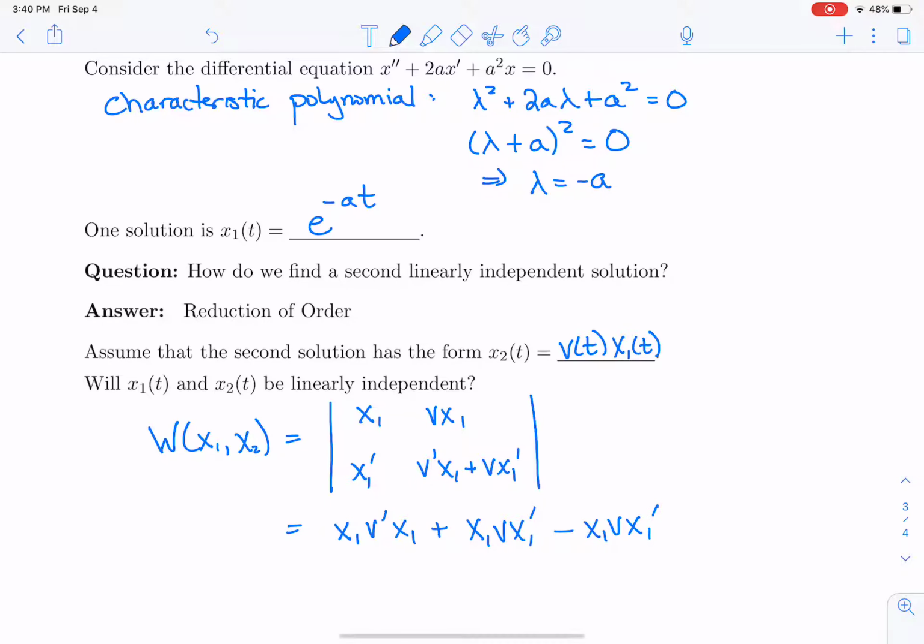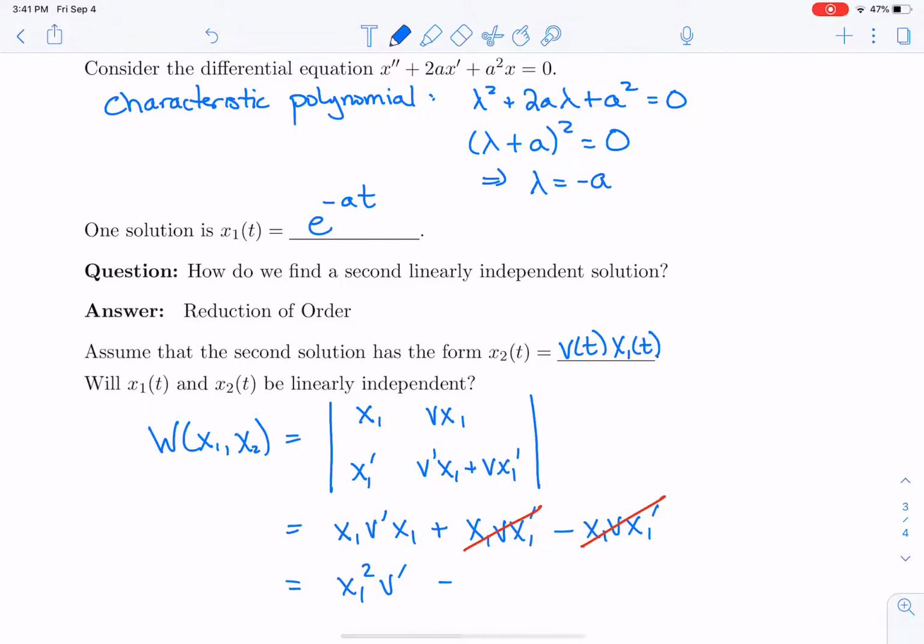There's a prime on the end there, okay? And so the second two terms actually cancel. They're equal and opposite. And so I essentially am going to get x1 squared v prime. Now, is that going to be 0? Well, x1 is not 0. 0 cannot be our solution here.